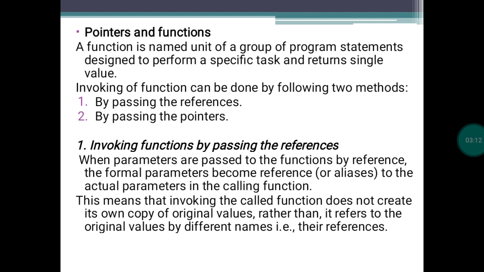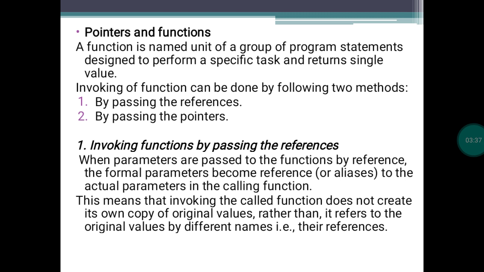It means that the calling function will not create a new value. Whatever value is stored in your formal parameter, we are just going to access it, we are going to refer to it. That is called referring to the address. Whatever values are in the formal parameters, we are referring to their address.